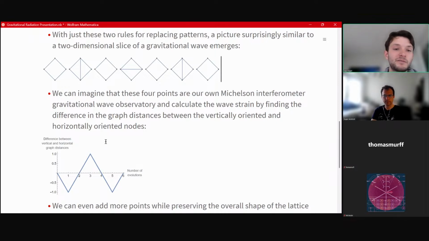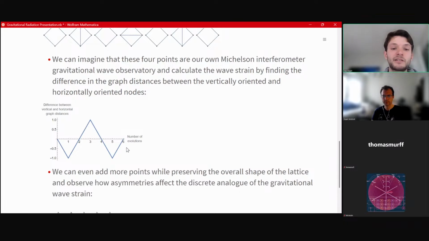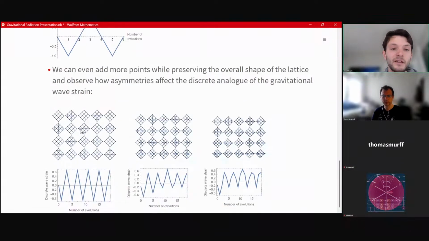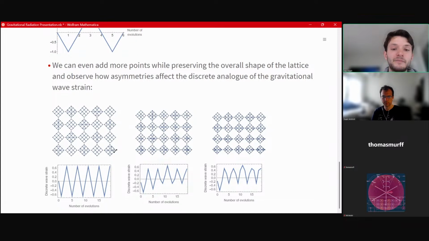But this model was kind of just to get me thinking about more general ones, because again, we just have a 2-dimensional slice of space, but I wanted to see how it worked on larger lattices. And so if we preserve that kind of cycle shape, but we add more points in this grid pattern here, depending on the different initial conditions that you use, you can get different kinds of behavior.